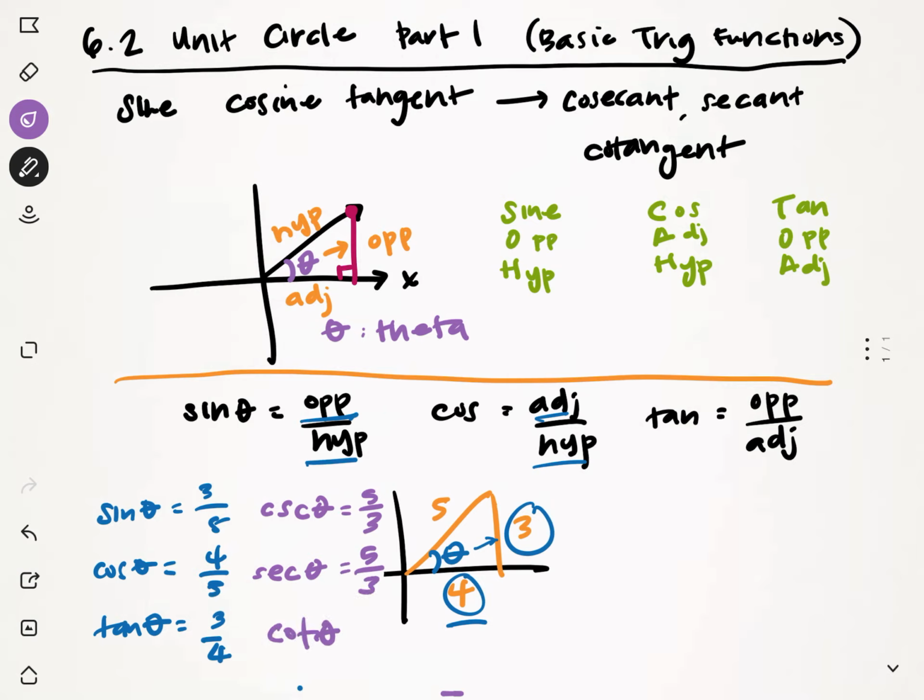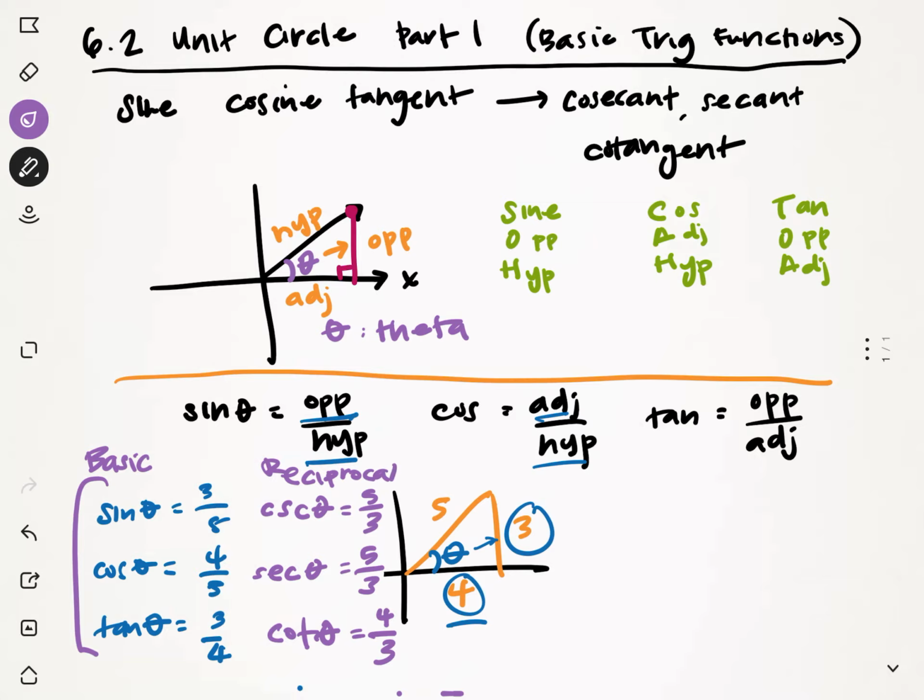And cotangent as well is the reciprocal for tangent, and we're going to flip the fraction for that one. So that's how we come across the 6 trig functions. We find the first 3. These are the basic ones. And in order to find the last 3, we're just going to reciprocate because these are the reciprocal functions.